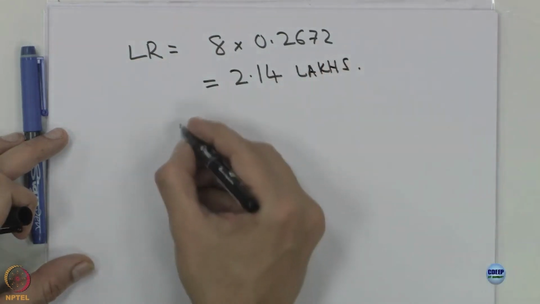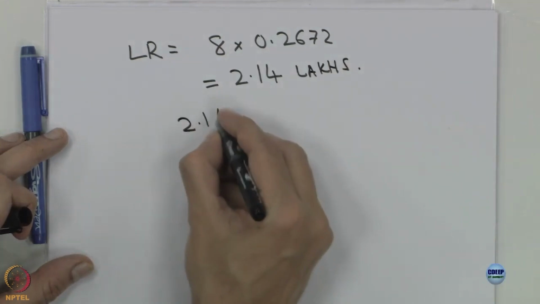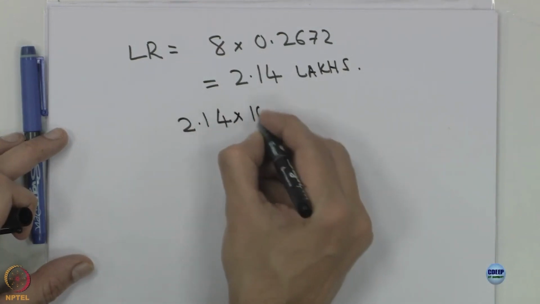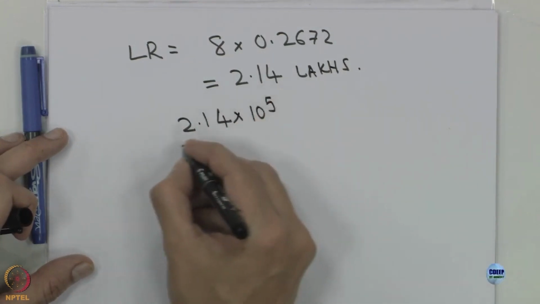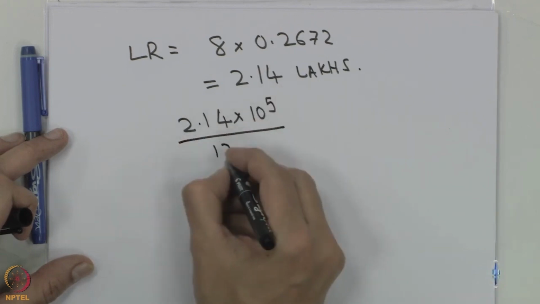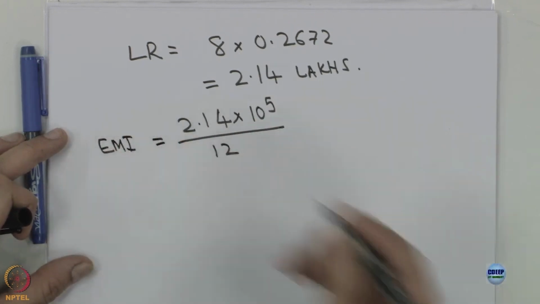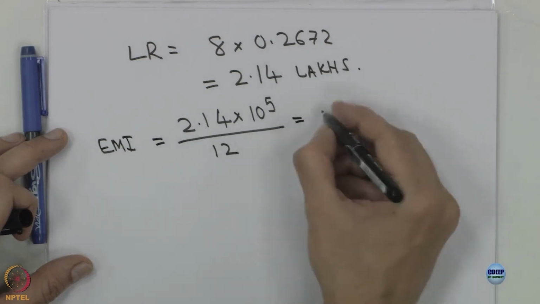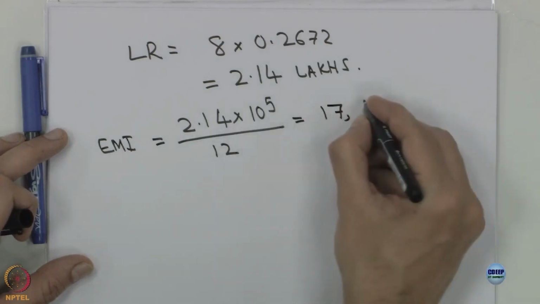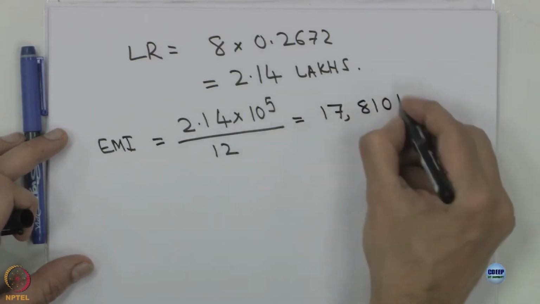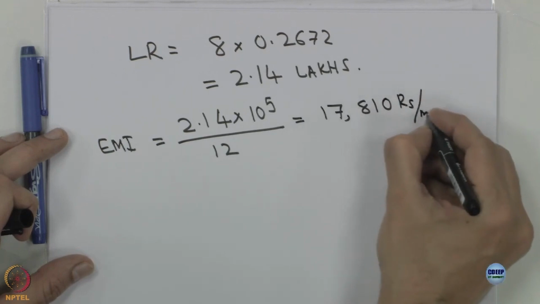So on a monthly basis, this will be 2.14 into 10 raised to 5 rupees divided by 12. This is the equated monthly installment, and if you work this out, this will turn out to be 17,810 rupees per month.